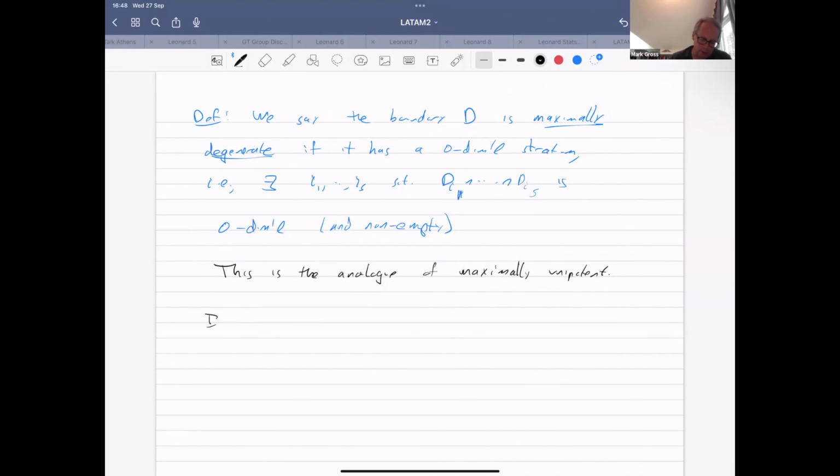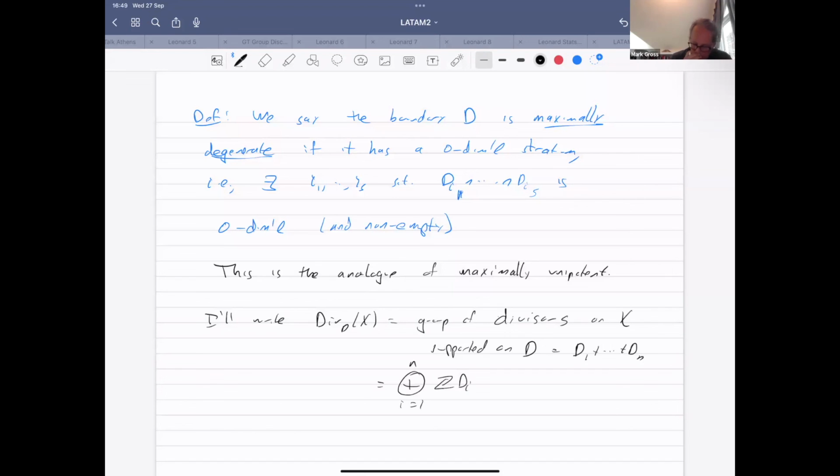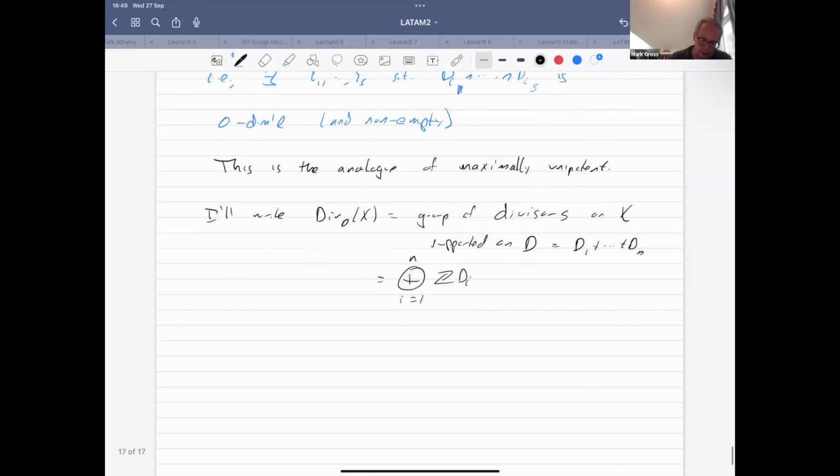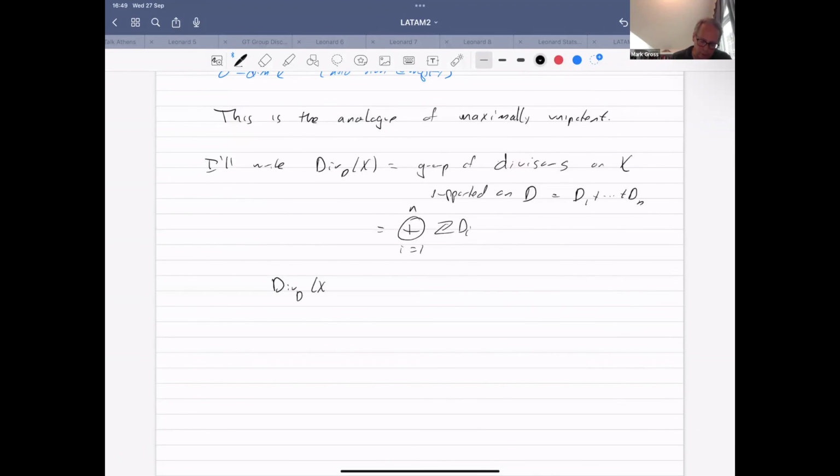So I'll write Div_D(X). This is the group of divisors, or well, let's just say divisors because we're on a smooth variety anyway, the group of divisors on X supported on D. So if I write D as a sum D1 up to Dn, then this is just the free abelian group generated by the Di's, so just linear combinations of the Di's. And for various reasons, it's convenient to work with the dual.